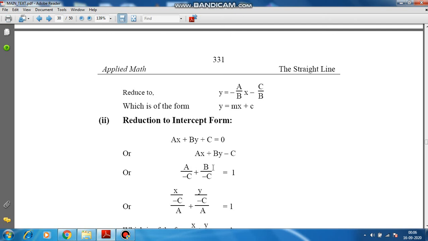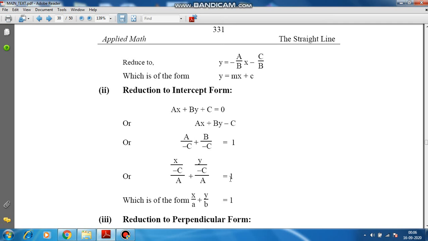Here x is missing in both these places. It should be ax, it should be by. Ax by minus c plus by by minus c equal to 1. Now let us divide both the numerator and denominator by a. We get x by minus c by a, and this a will come to the denominator of the denominator.